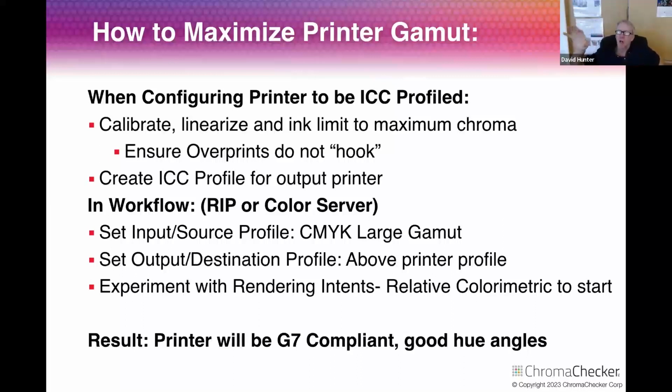Once it's pure, run your profile target out on that printing device, create your ICC profile, and now you've defined the large gamut profile of how that printer prints. It doesn't matter so much that that printer is not G7 compliant, because if our input profile is G7 compliant, when we run it through the conversion, the output device will then become G7 compliant.